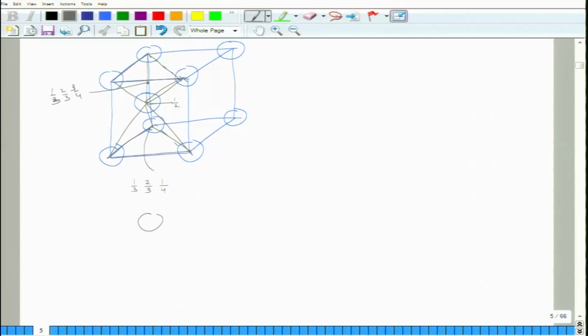Now, if you look at the top view of a hexagonal unit cell, this is the top view of the hexagonal unit cell. So, the unit cell is, okay.